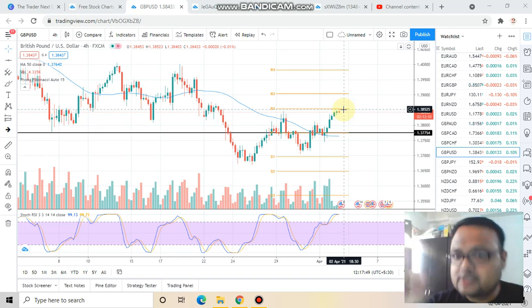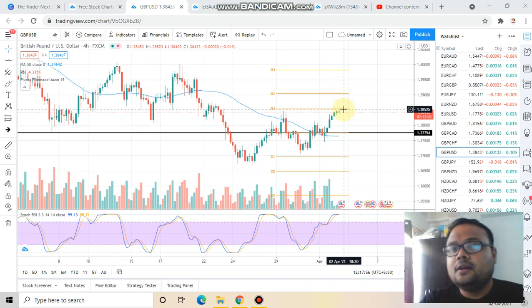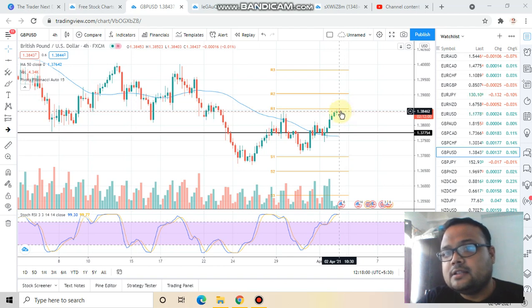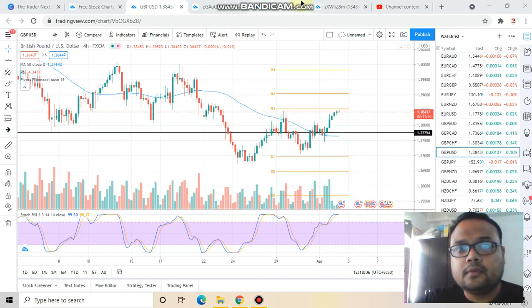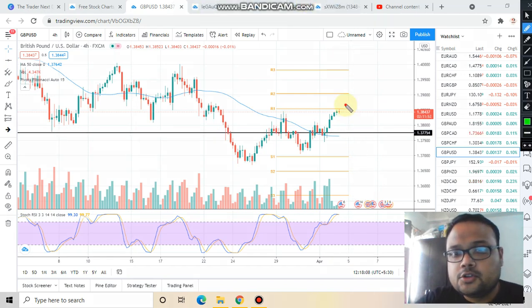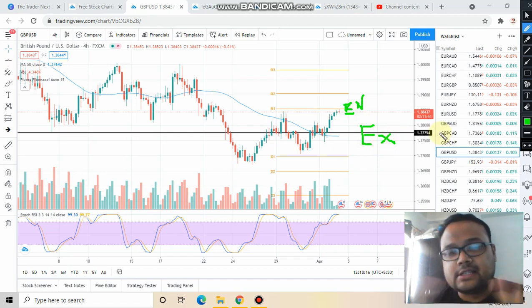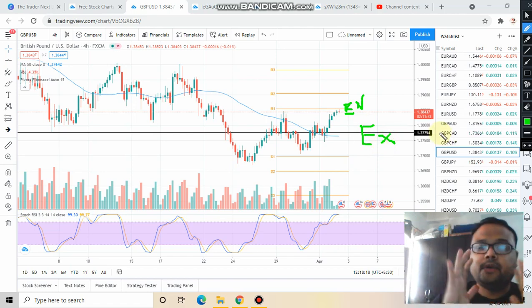If market reverses from here with confirmation in the form of a bearish candle or a shooting star candle, just sell GBP USD here and exit from the market once it reaches this level. So this is your entry and this is your exit.